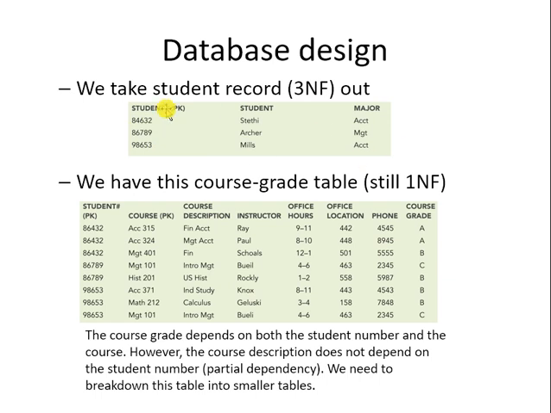This table has been normalized. But what's left? We still have this course grade table with student number, course, course description, instructor, instructor office hours, location, phone number, and course grade, and it's still in first normal form.